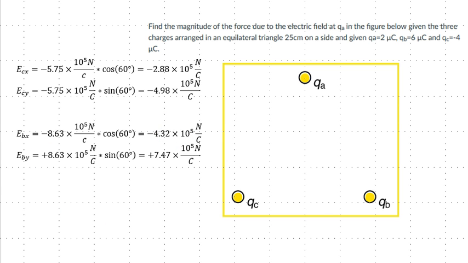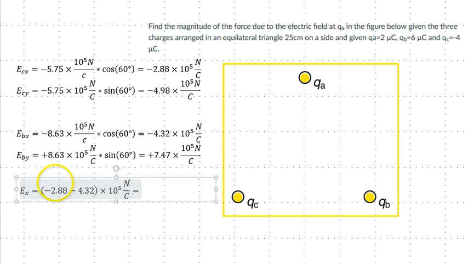So if we start looking at the total electric field in the X direction, that's going to be minus 2.88 minus 4.32, all times 10 to the fifth newtons per coulomb.